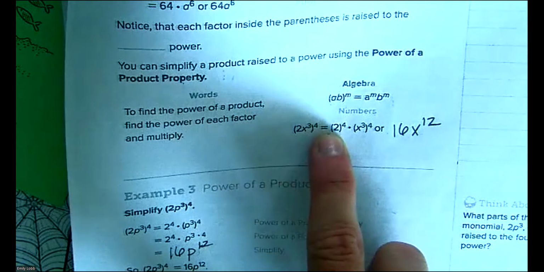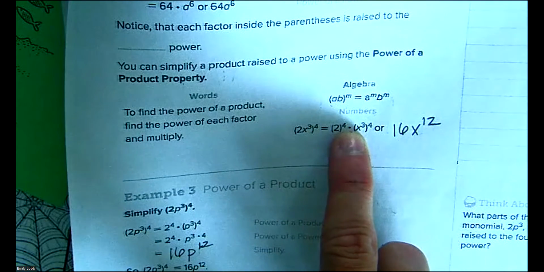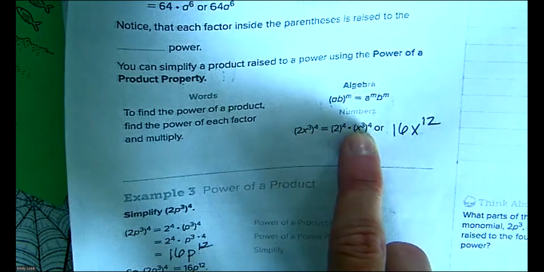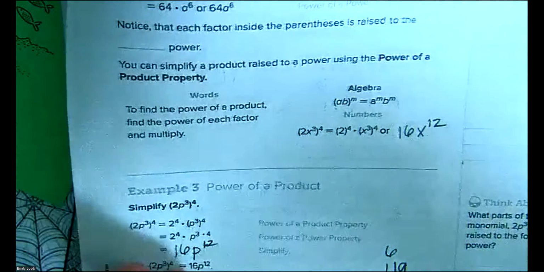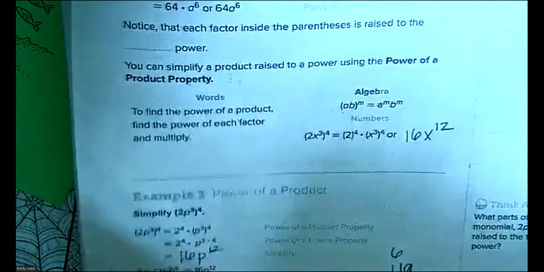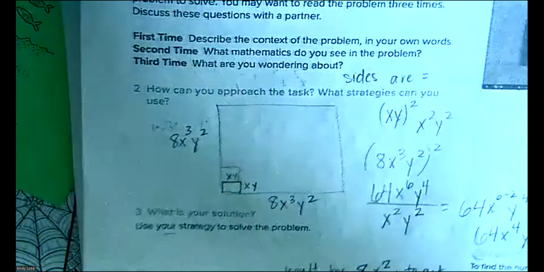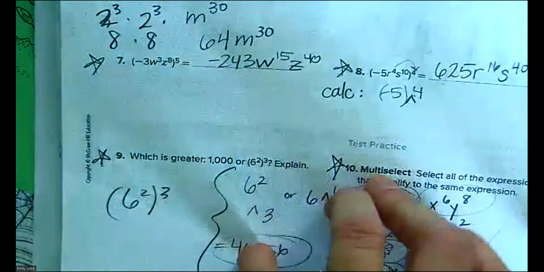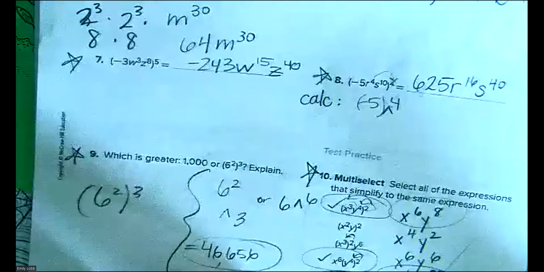We multiplied the power. So we have power of a power, 2 to the 4th and x to the 3 times 4. We have to understand those things. Lots and lots of practice. So here, you should also know how to do pages 31 and 32.